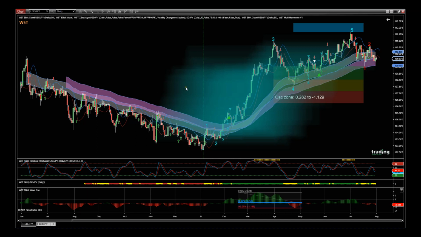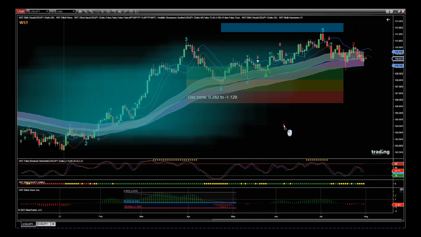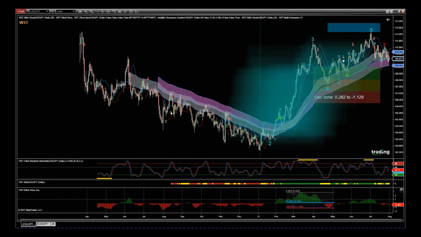So if we zoom in on the chart a little bit, a lot to do with the Elliott Wave indicator suite, part of this bundle, is getting the wave count right, identifying the lows. The lows are obvious on the daily time frame.